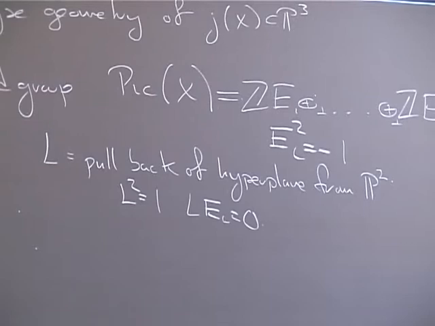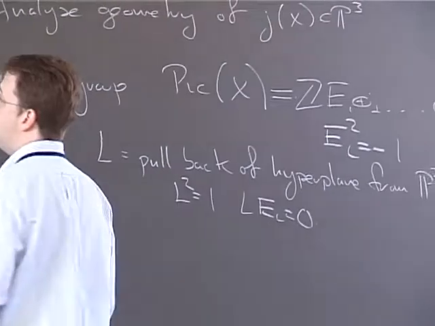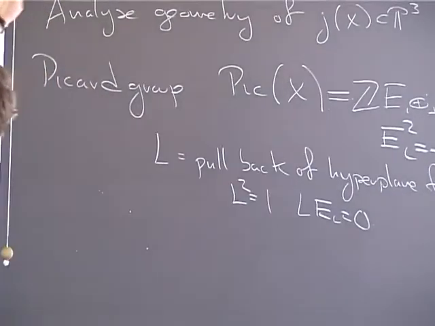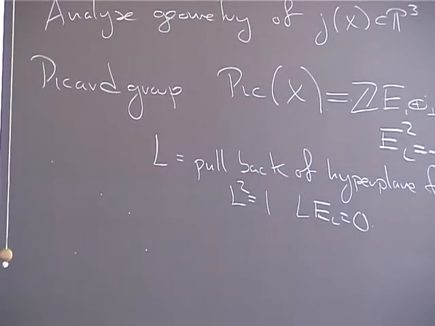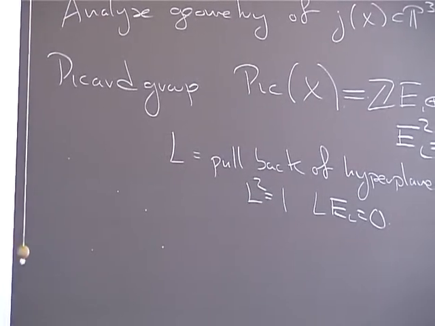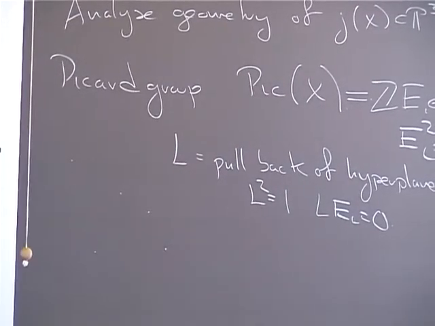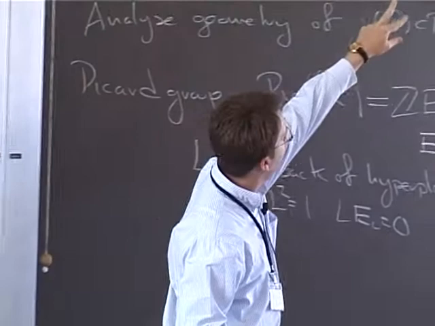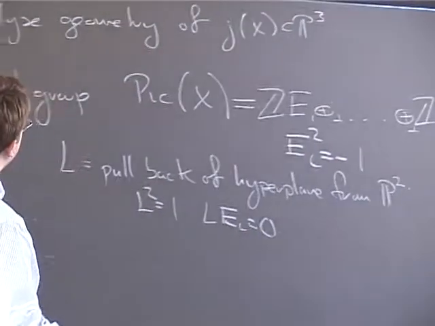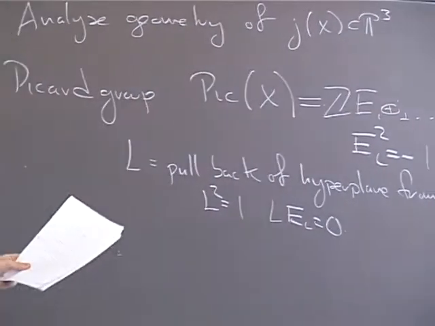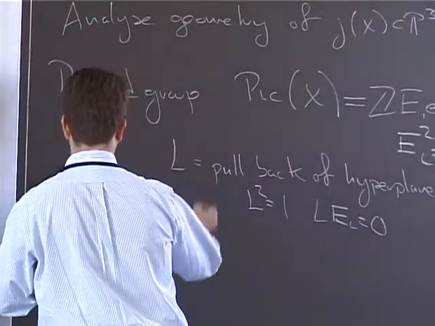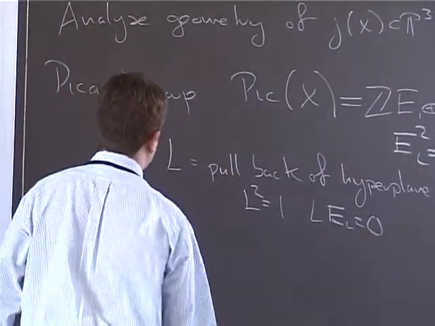The key observation here is that since our map is given by the cubics vanishing at the 6 points, I can describe exactly what happens to the polarizing class under the pullback by the morphism J. So here's the key formula.